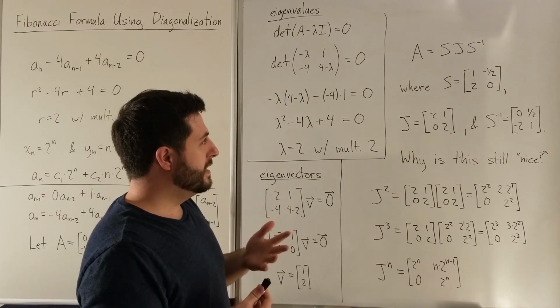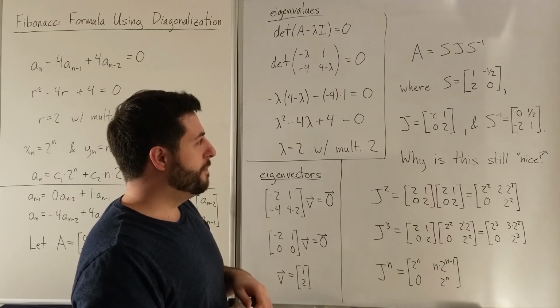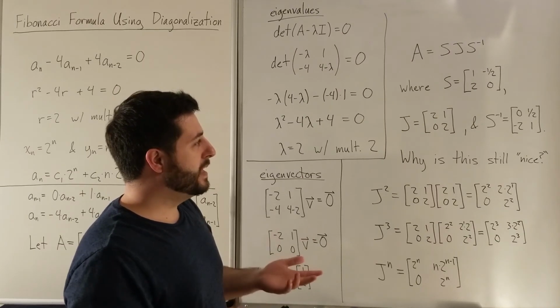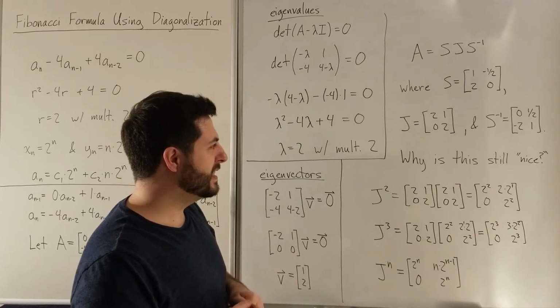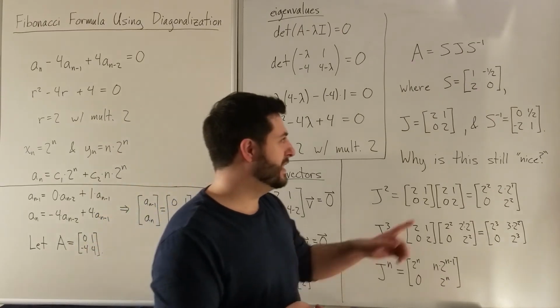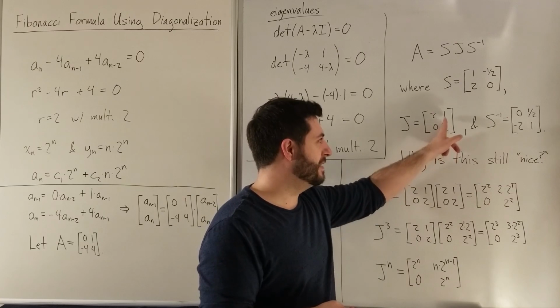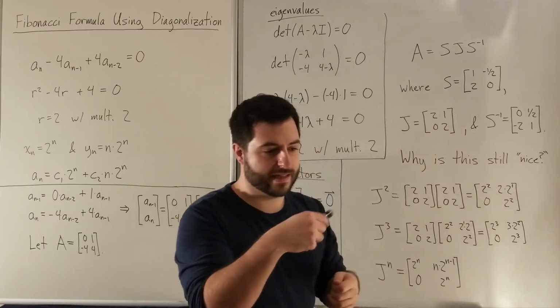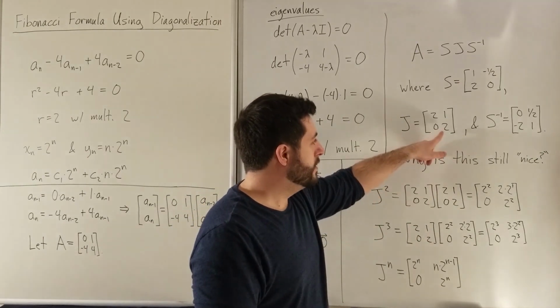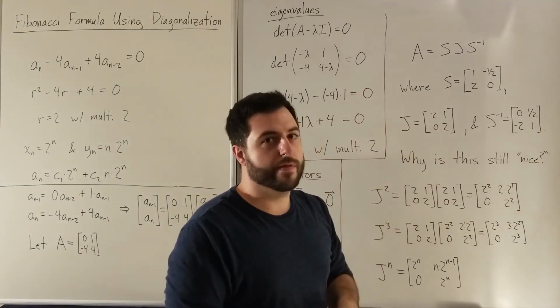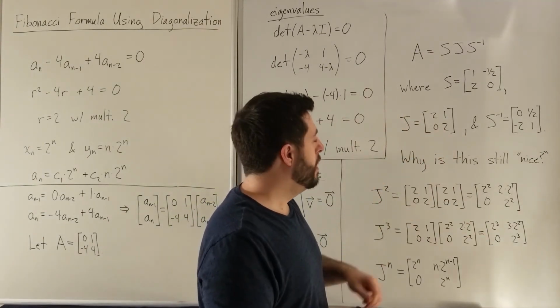The idea is the same. S has to be invertible, and J, instead of being diagonal, is diagonal with a little bit of a twist. It's hard to see the twist in the 2x2 case, but the idea is it's diagonal except there's a 1 in some slightly off diagonal entries. The diagonal right above the main diagonal has some 1s in it.